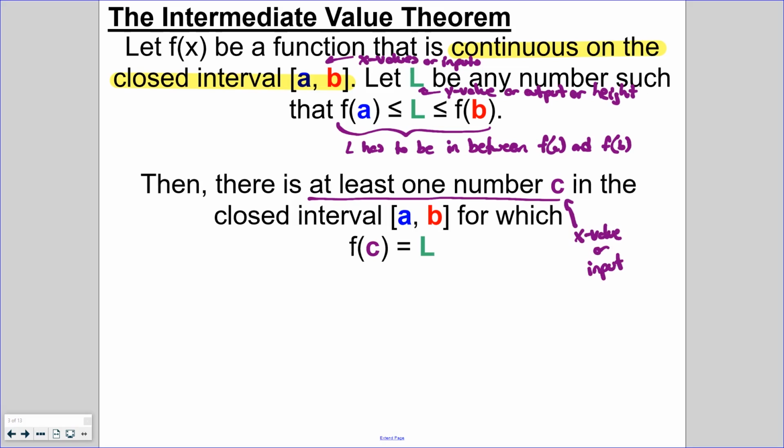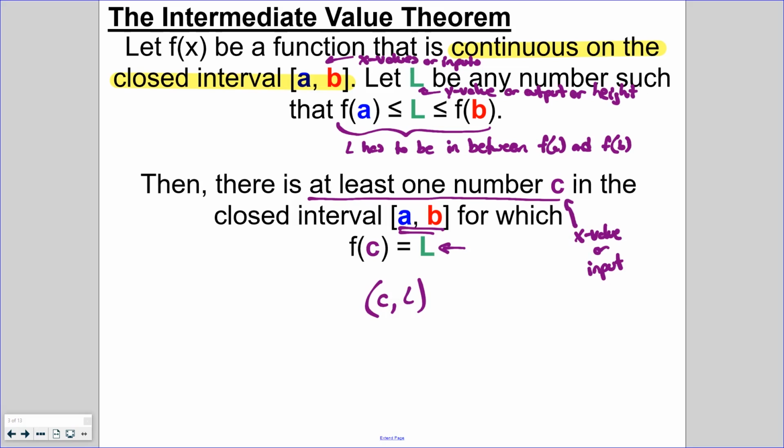Well, it represents the x value that gives us L. So basically, this f of c is equal to L implies that somewhere on this continuous function there's going to be a point c, comma, L, with c being the input and L being the output. c has to be in between a and b, and L has to be in between f of a and f of b. So great, boom, there's the intermediate value theorem.